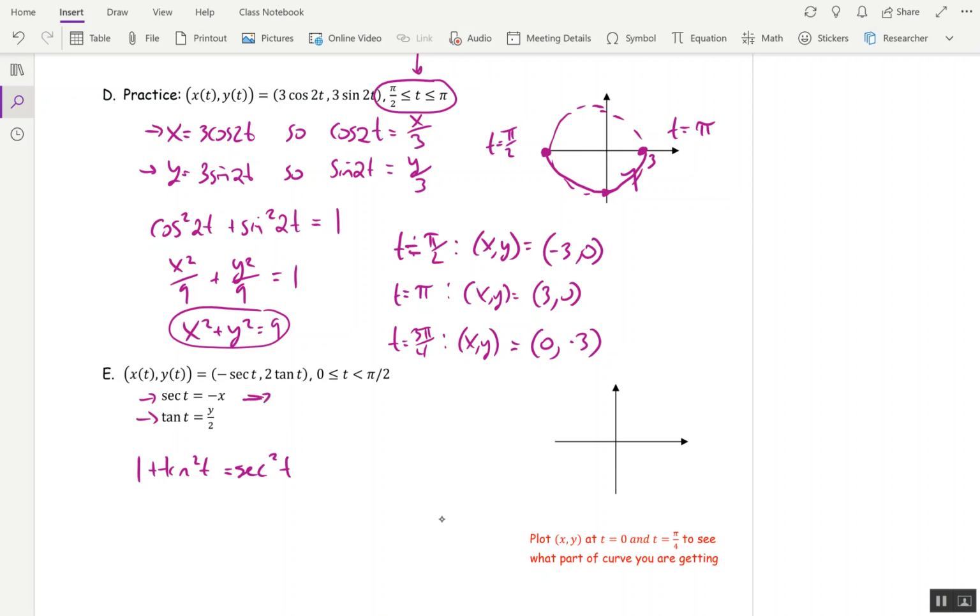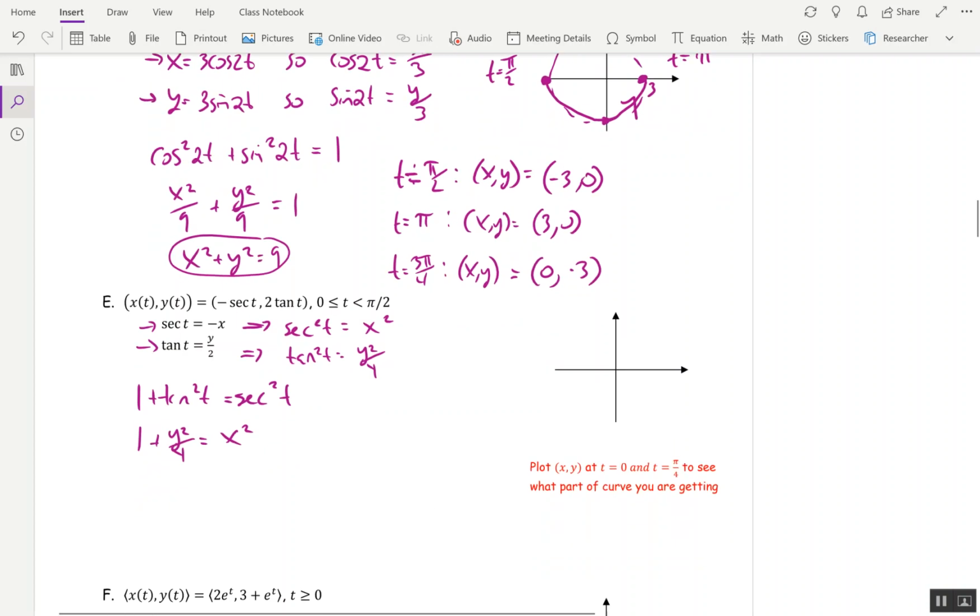So this tells me that secant squared t is x squared. And this one tells me that tangent squared t is y squared over 4. So when I plug in, I get 1 plus y squared over 4 is x squared.